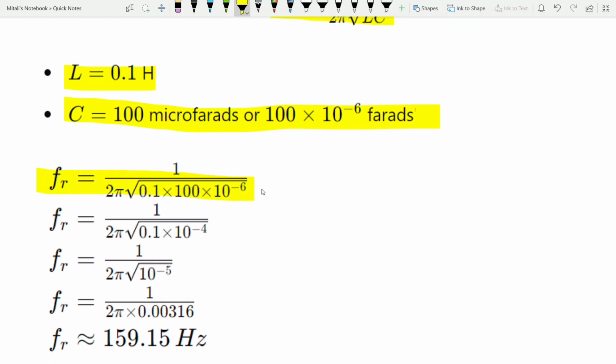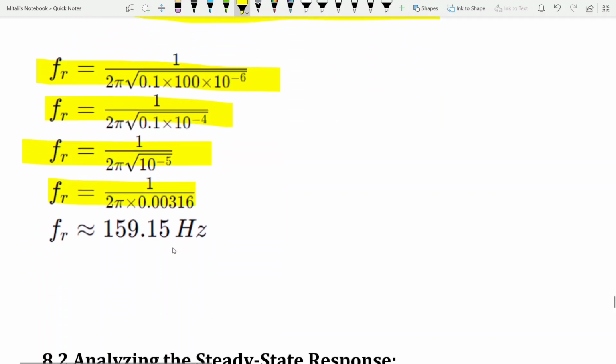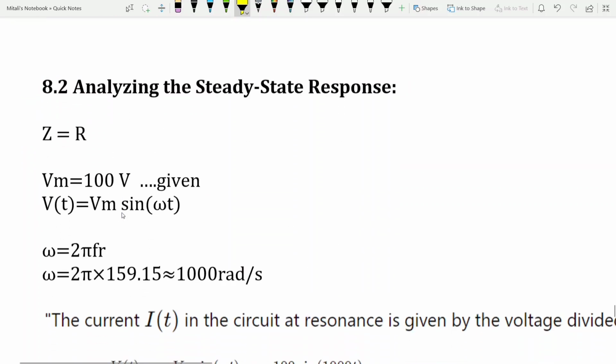So putting these values in the formula, we get Fr is equal to 1 upon 2 pi root (0.1 into 100 into 10 to the power minus 6). After 3 steps of calculation, we get Fr is equal to 159.15 Hertz. So the resonant frequency is approximately 159.15 Hertz.